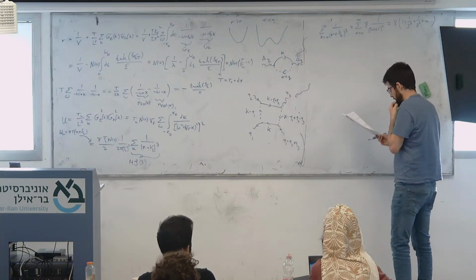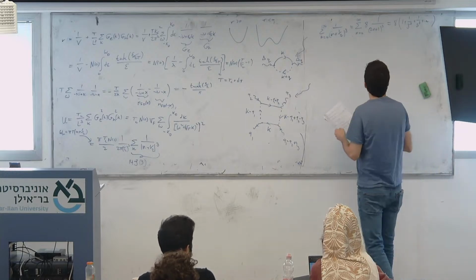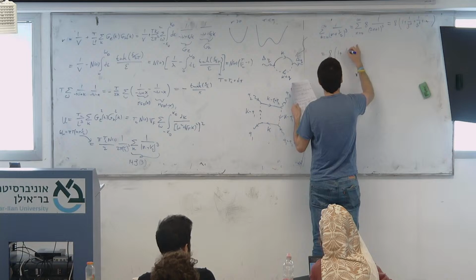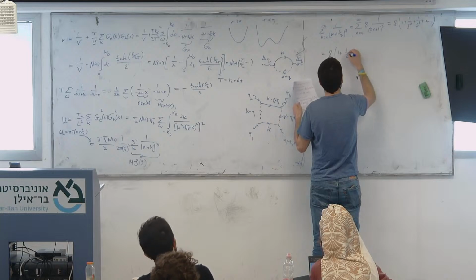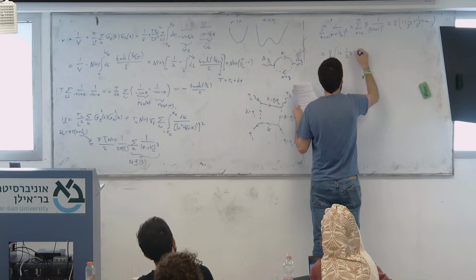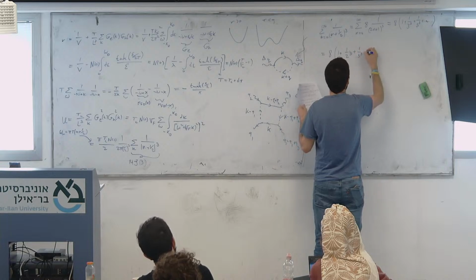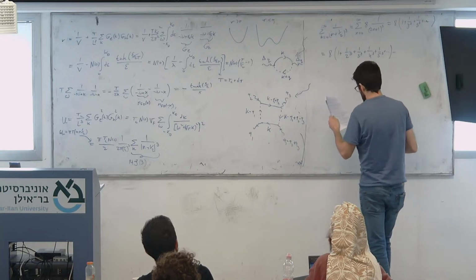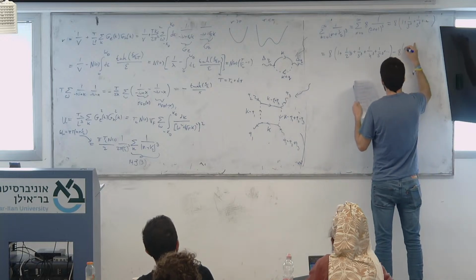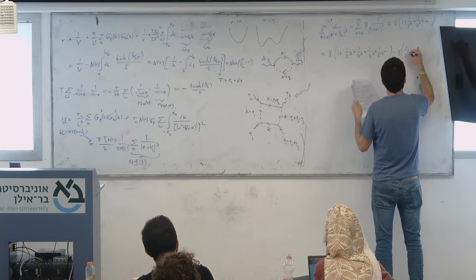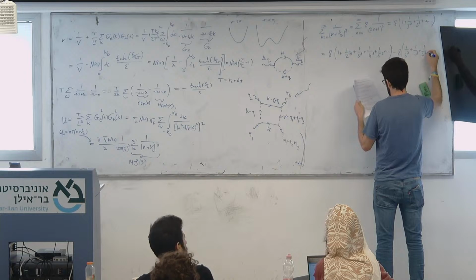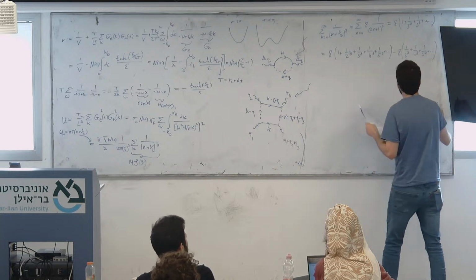Okay? Which is exactly equal to 8 times (1 plus 1 over 2 cubed plus 1 over 3 cubed plus 1 over 4 cubed plus 1 over 5 cubed and so on and so forth), minus 8 times (1 over 2 cubed plus 1 over 4 cubed plus 1 over 6 cubed, and so on).